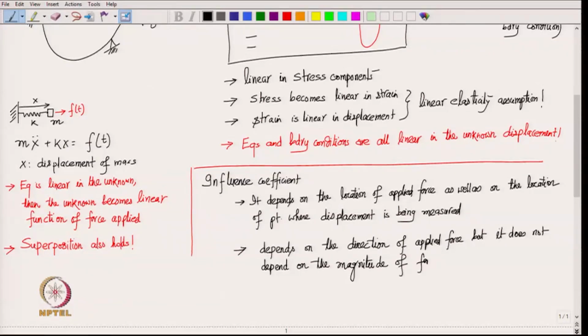Okay. And finally, it also depends on what direction we are measuring the displacement. Because you see displacement is a vector quantity.